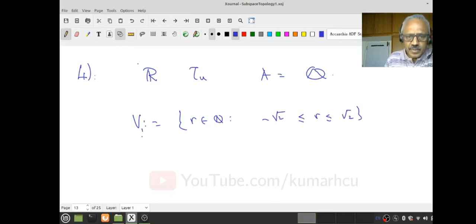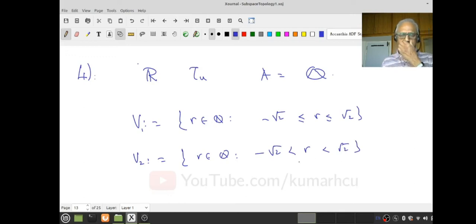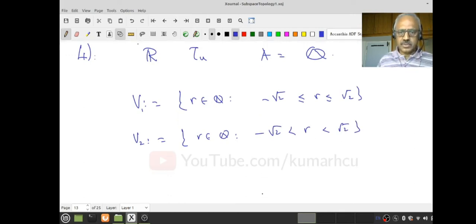This is V1. And let's look at V2 to be the set of all r in Q such that minus square root 2 is strictly less than r, strictly less than square root 2. So this is of the form the open interval minus square root 2 to plus square root 2 intersected with Q, and this is open in the usual topology.